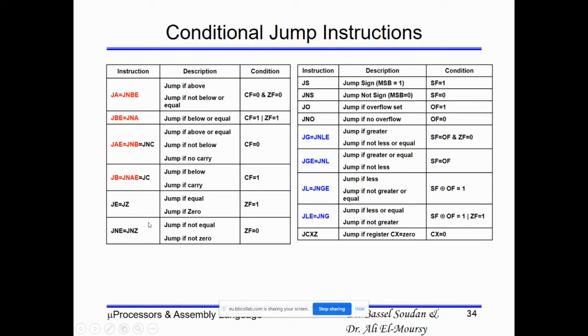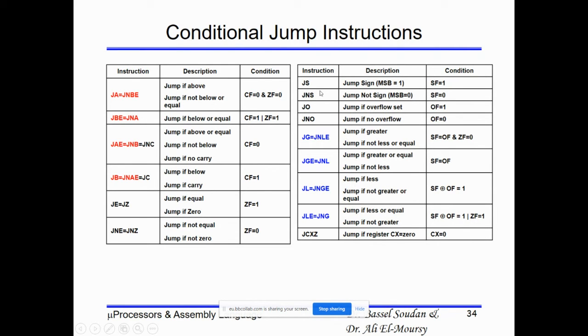Each of the conditional jump instructions exists by itself and by its counterpart. That means I have jump if equal or jump if zero, and also jump if not equal or jump if not zero. So I have pairs of conditional instructions, JZ and JNZ. Similarly I have JC and JNC. I have also JS and JNS, JO for overflow and JNO.